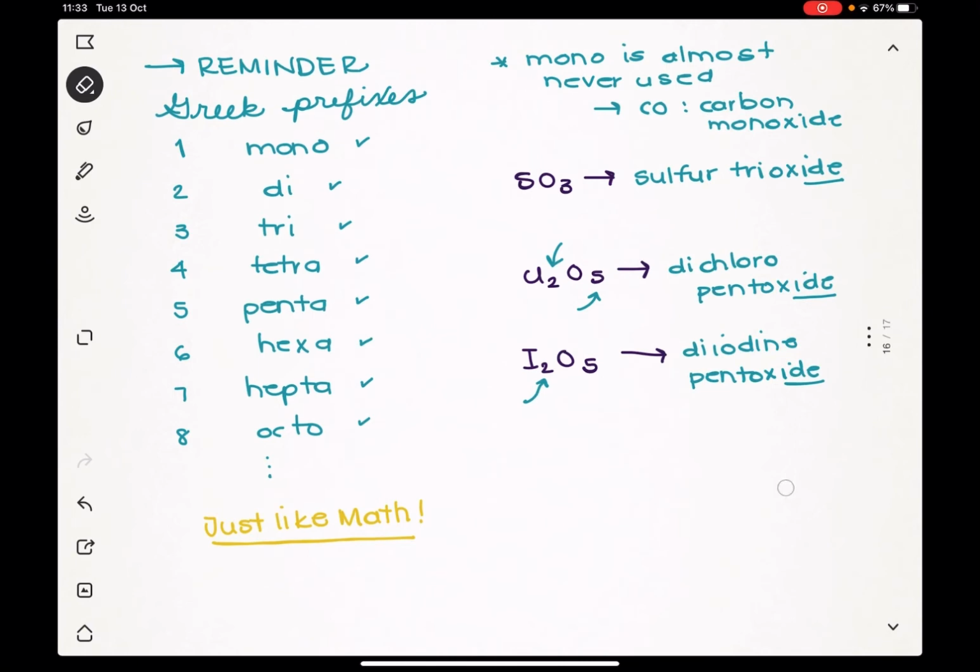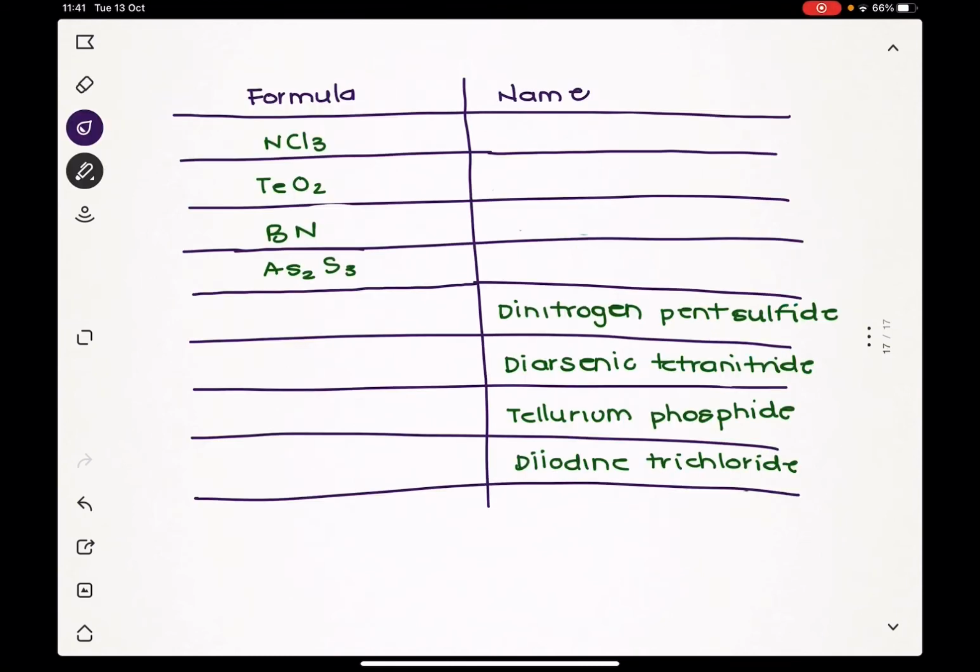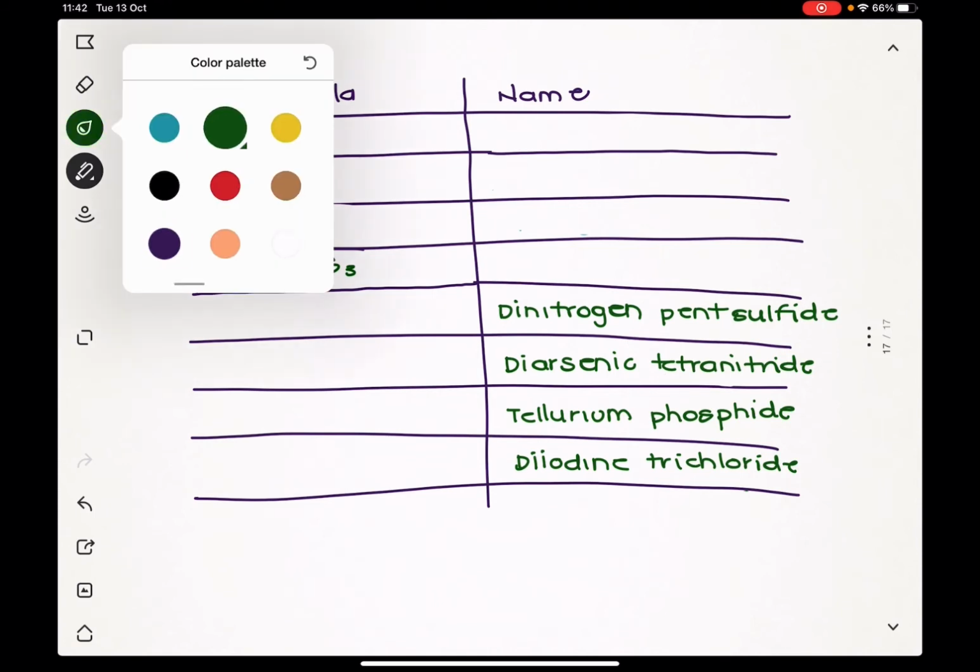Okay, so now we know that we are doing merely a description of the element, right? So let's do these examples that we have here. We have to change from the formula to the name and from the name to the formula. So we only have to pay attention to the subscripts in order to give them the correct name.